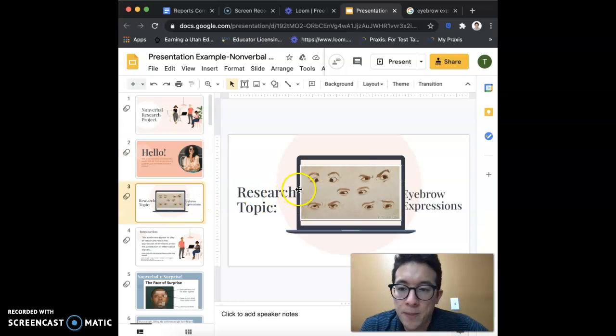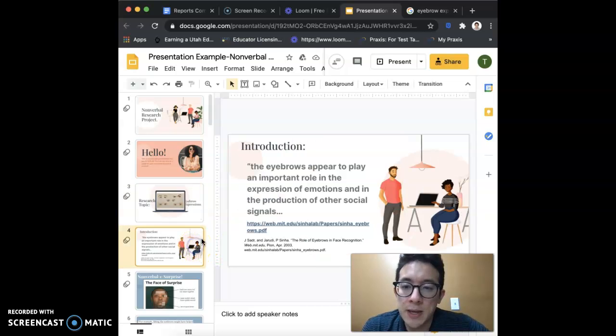Okay. Research topic, eyebrow expressions. So that's what I'm going to do today, and you can see me in the webcam, so I can do expressions with my eyebrows, and you can see what I mean when I demonstrate them. So the introduction: the eyebrows appear to play an important role in the expression of emotions and the production of other social signals.